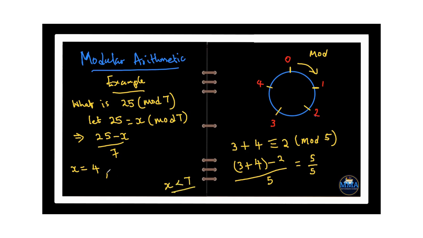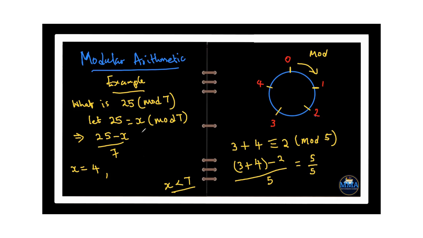Is there any other value of x less than 7 that we can subtract from 25 such that 7 can perfectly divide what remains? No other number. Of course, the next number that we can get here is 11. 25 minus 11 is 14, but 11 itself is bigger than 7.